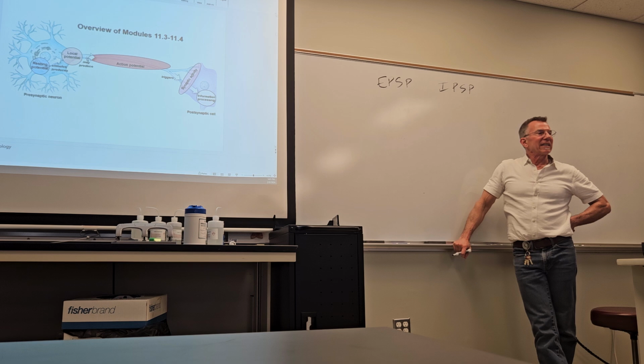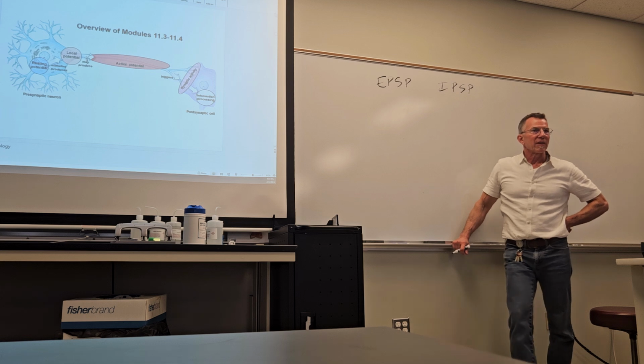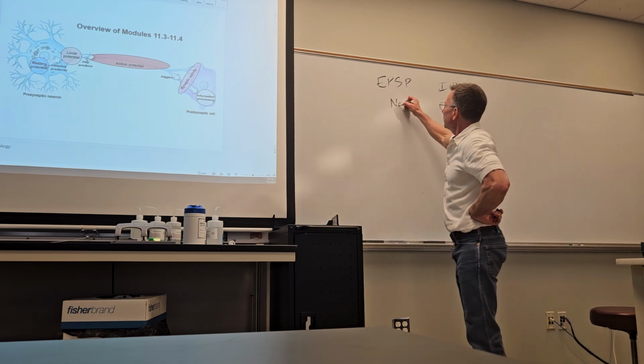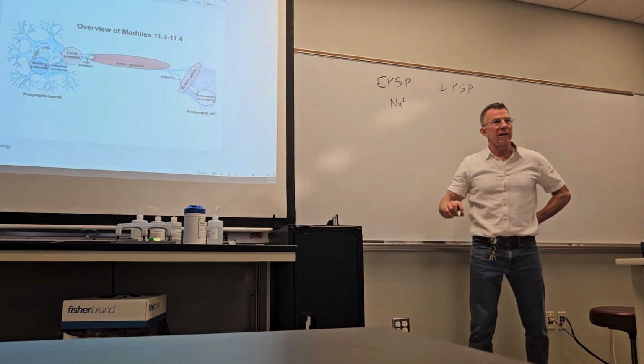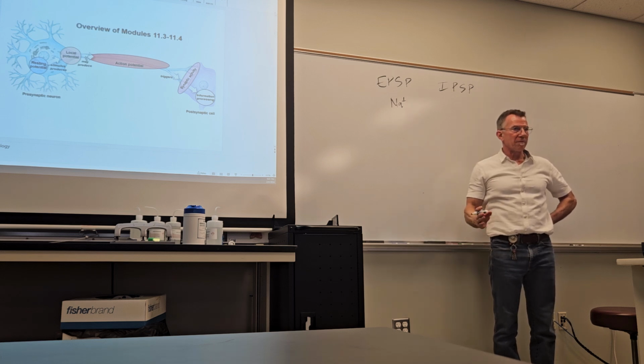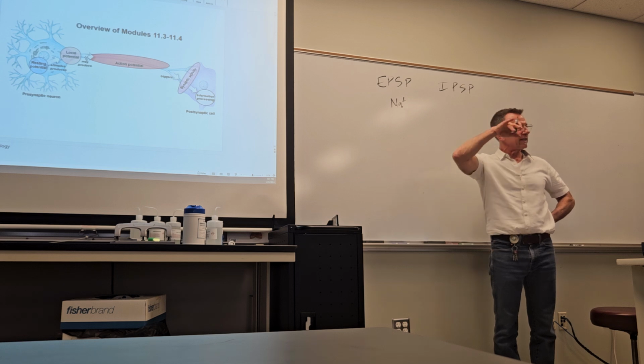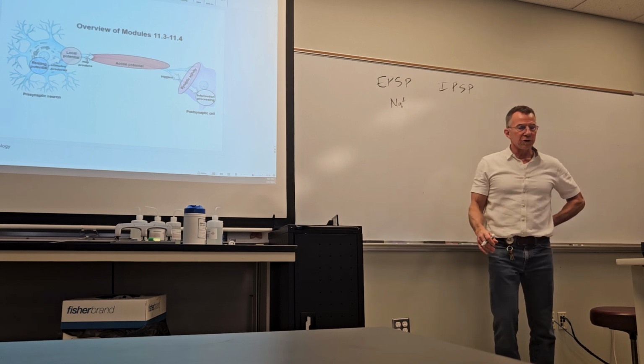To create an excitatory postsynaptic potential, I will open up what type of channels? Sodium, because that's going to do what to my resting membrane potential? It's going to make it more positive and make it go closer to, what's that value? Threshold.